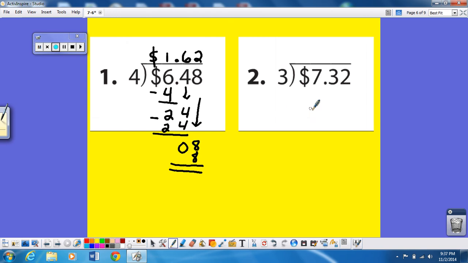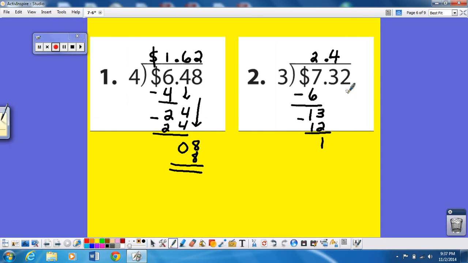Okay, let's look at this one. $7.32 divided by 3. First step, bring that baby up. Now you can forget it. 3 goes into 7 2 times. 2 times 3 is 6. Subtract, bring down. 3 goes into 13 4 times. 4 times 3 is 12.